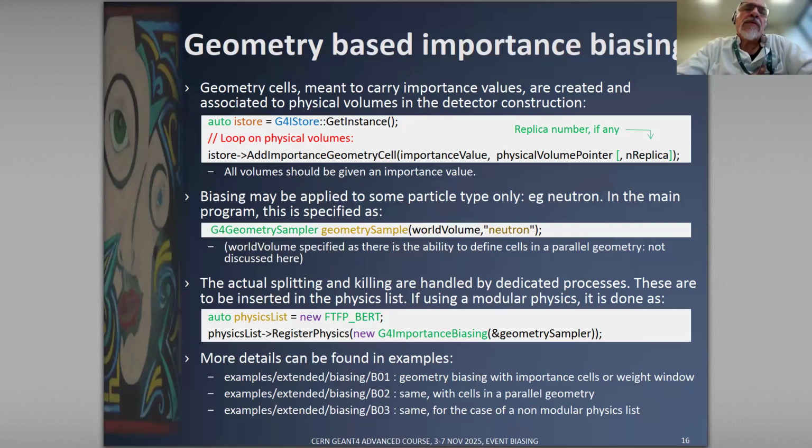What you do is start with a classical physics list, for example FTFP_BERT, and you create a physics module, which is the importance biasing, in this case passing the proper geometry sampler. When you do that, in fact, you are augmenting FTFP_BERT with this new facility that will then handle the splitting and the killing on the surface boundaries. So we can go to the next slide.